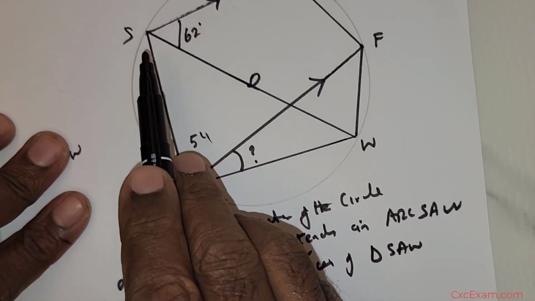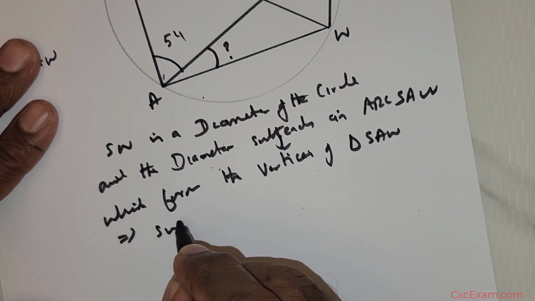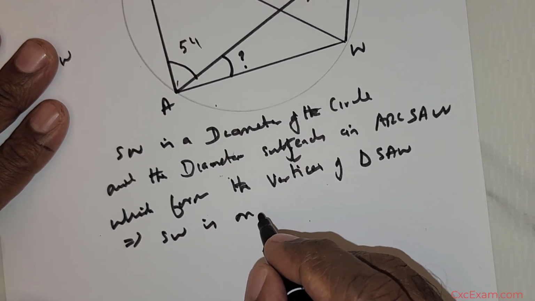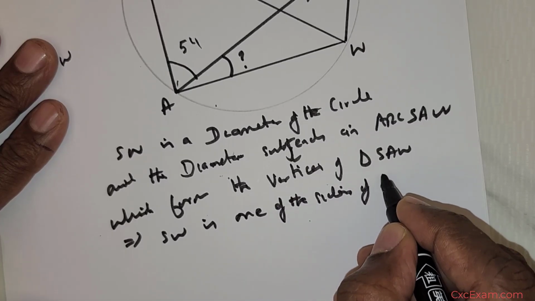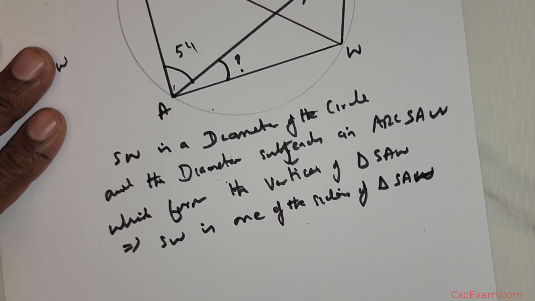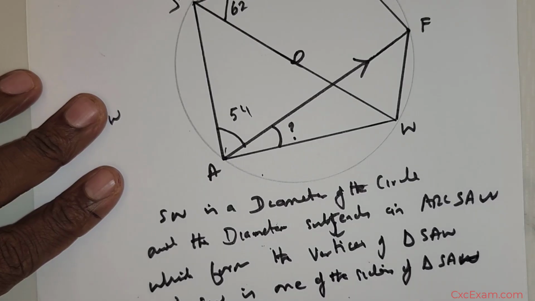Now when this happens, this would mean SW is one of the sides of triangle SAW. This is a very important point you will have to focus on.